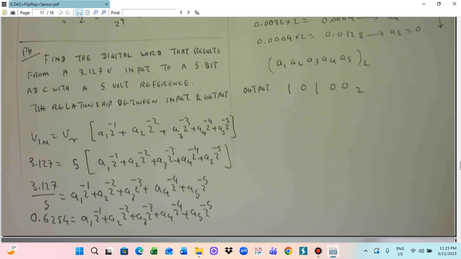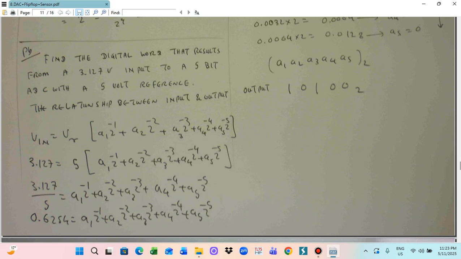The next one: we find the digital word, the result from a 3.127 volt input to a 5 bit analog to digital converter with a 5 volt reference, and the resolution between the input and output as well. So then we have to calculate. The input voltage is 3.127 volt and the reference voltage is 5.